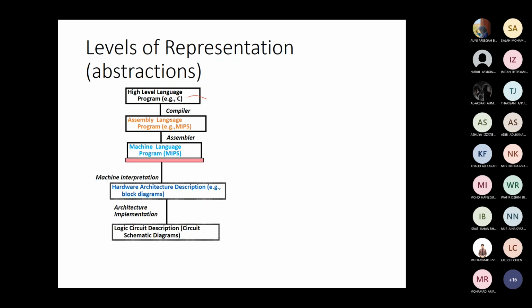This assembly language program is loaded into the assembler, and the assembler creates the executable code.